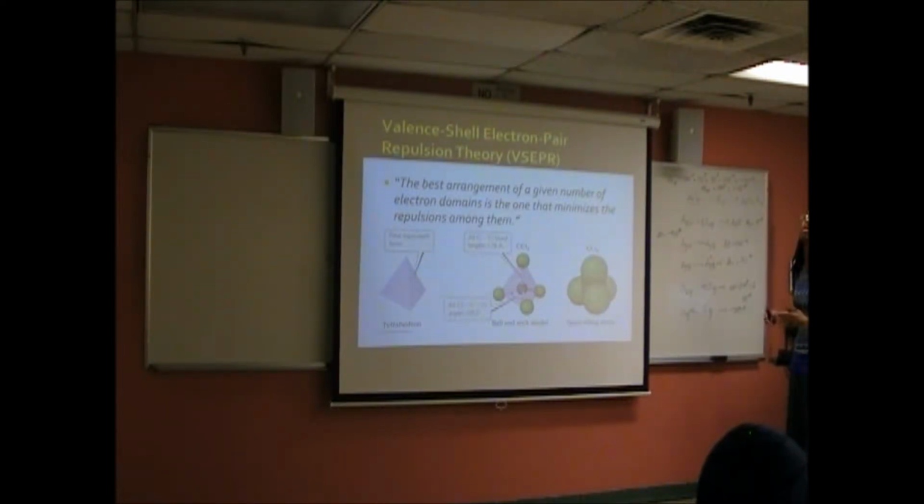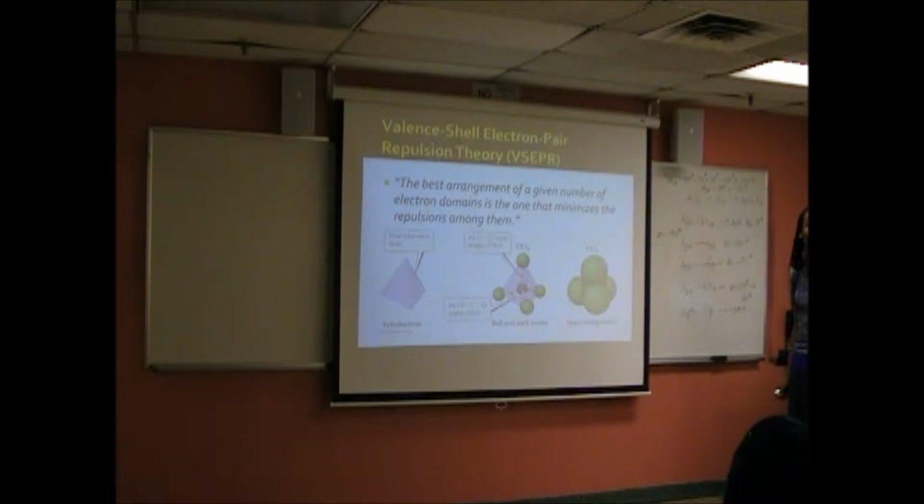Now, if you have 4 bonding arms around your central atom, that gives you a tetrahedral shape. The bond angles for all of your carbon, what's the name of this? Carbon tetrachloride.